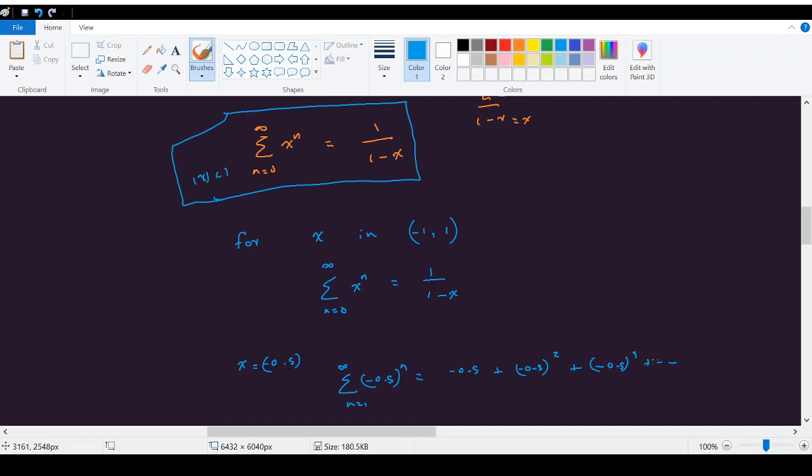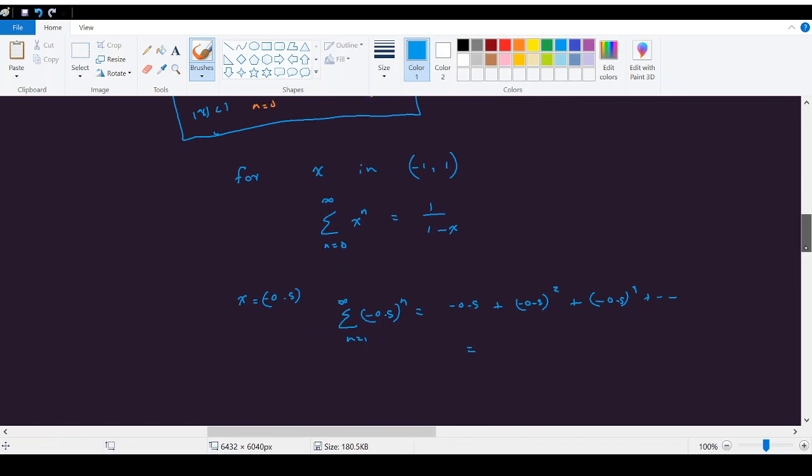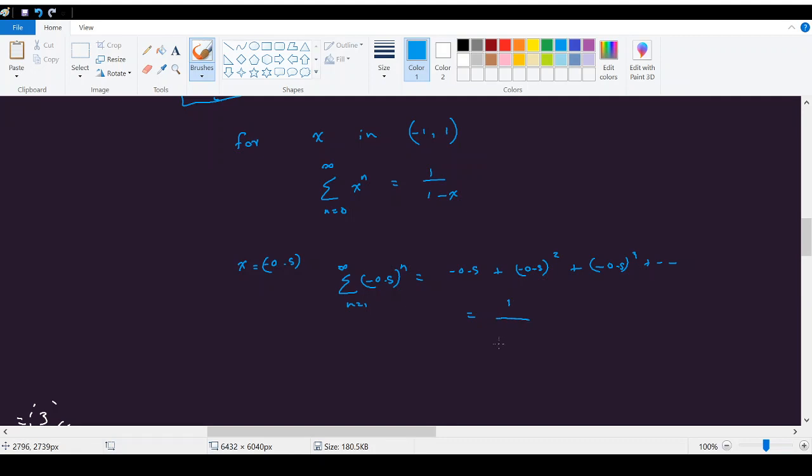Likewise, if you add these terms up, then you will end up with 1 divided by 1 minus -0.5. So this is a very nice result. And this is also true for the x equals 0 case.